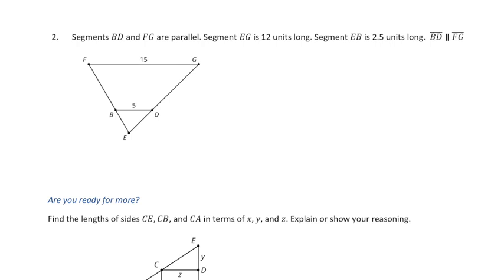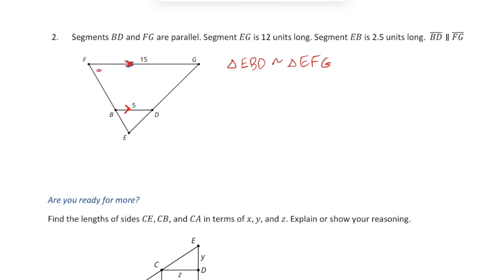All right, so for question number 2, we know that BD and FG are parallel, and that is some important information because then we know that triangle EBD is similar to triangle EFG because of angle-angle similarity, right?